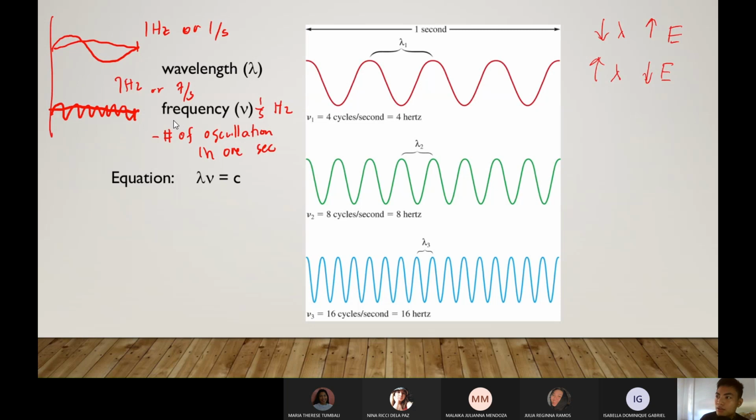So, what is the relationship of frequency with energy? According to an equation, later papakita ko sa inyo. According to physics, if you have higher frequency, denoted by letter nu, you have higher energy. And then the lower your frequency is, the lower your energy is.